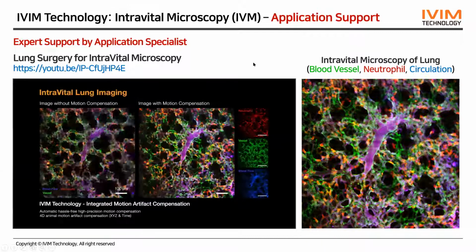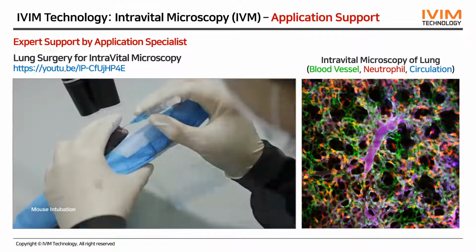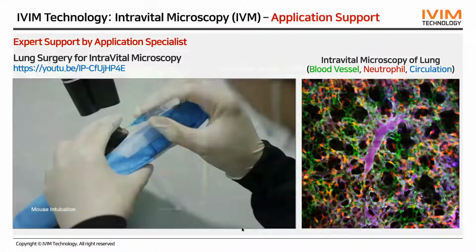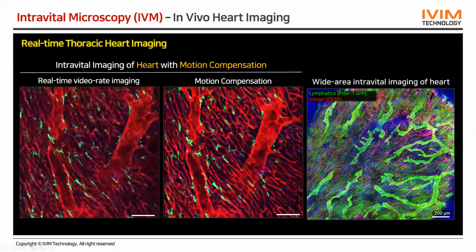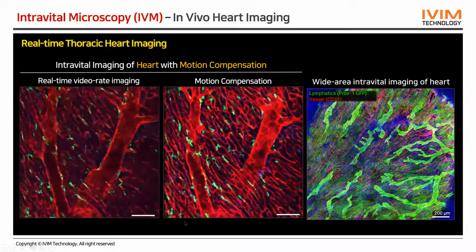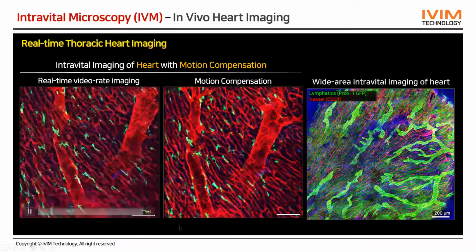So we can provide the apparatus and also the protocol and solution for live lung imaging. And then it can also be applied for heart imaging as well, using a similar shaped device.